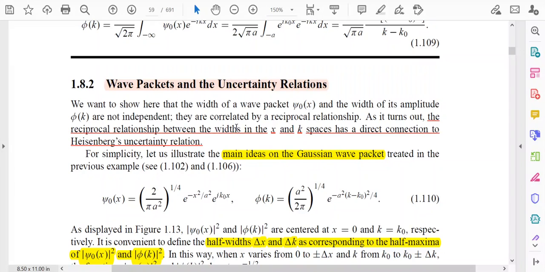They are correlated by a reciprocal relationship. As it turns out, the reciprocal relationship between the widths in the x and k spaces has a direct connection to Heisenberg's uncertainty relation.